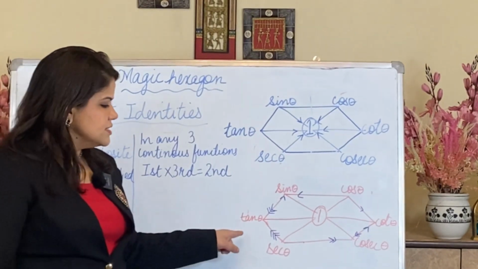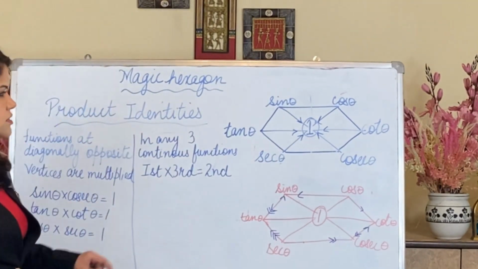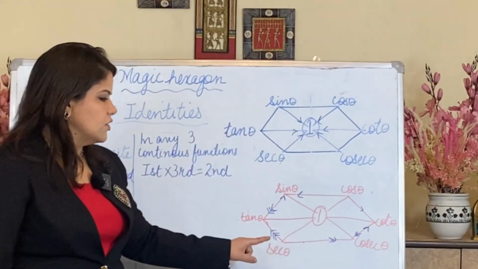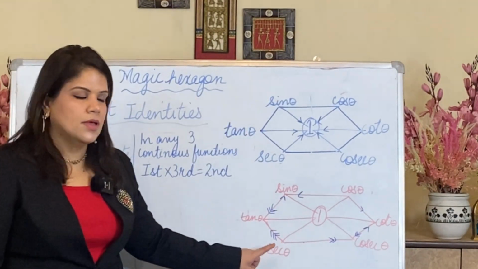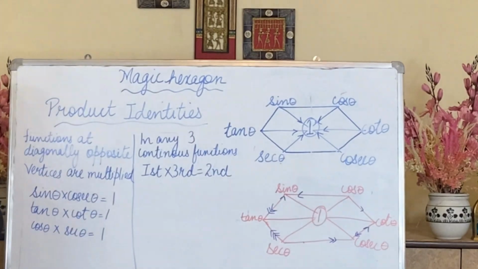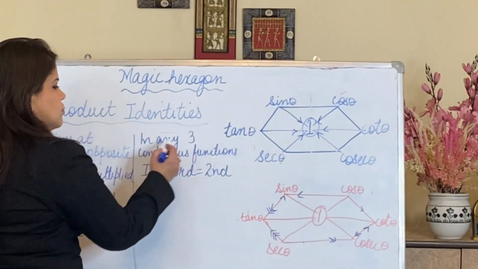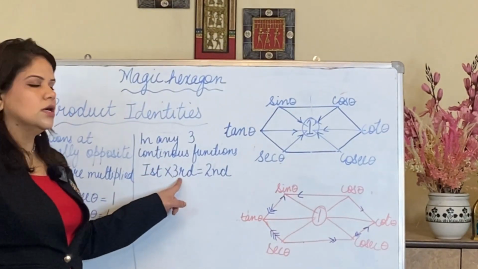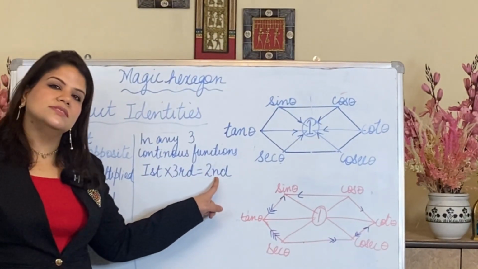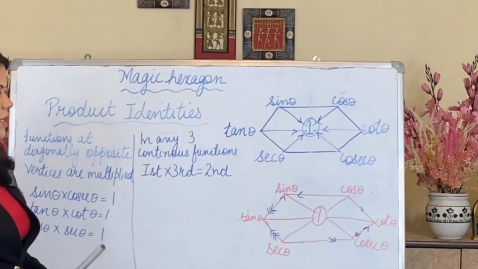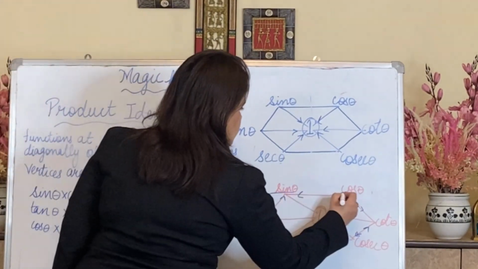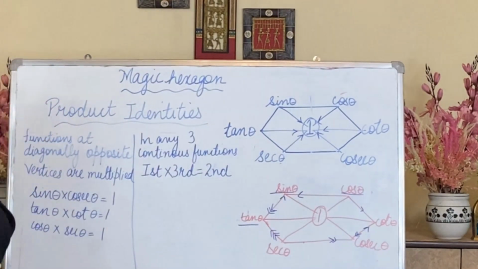Now in my second figure, what is the difference? The only difference is in the arrows. The rest of the trigonometric functions are the same. So in this case, I am taking any 3 continuous functions: first into third will be equal to second. I am taking these 3 continuous functions, tan, sine, cos. So what is my first one?